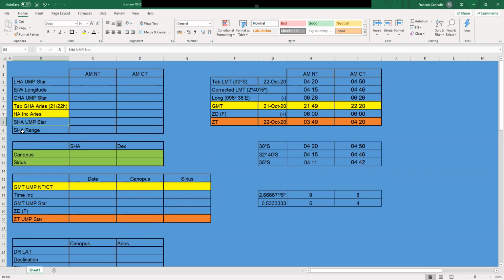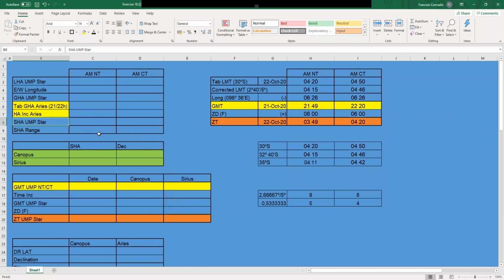The reason why we use this is because Aries is the only one that is tabulated in the almanac at an hourly interval, whereas your other stars are not. They just give an SHA. So at these times, we're going to run this down to an SHA, and run this one down to an SHA.